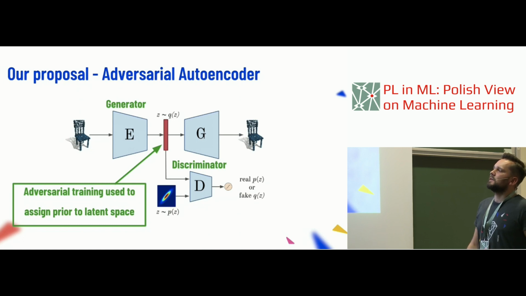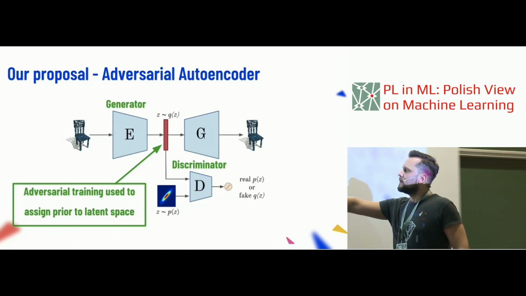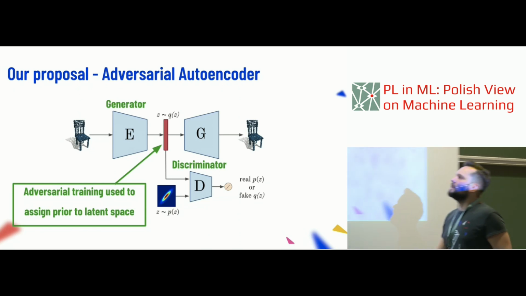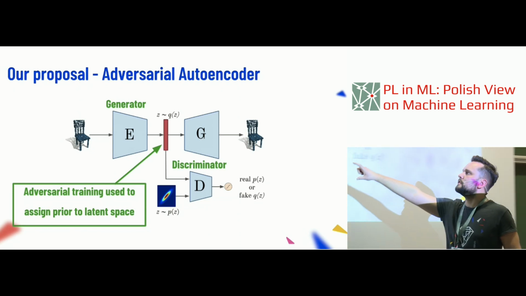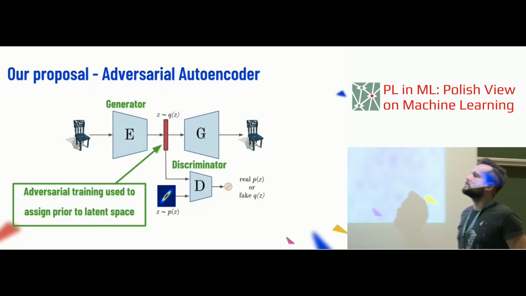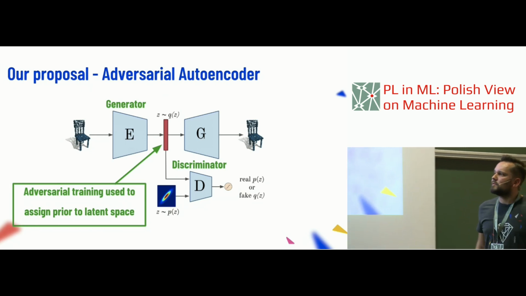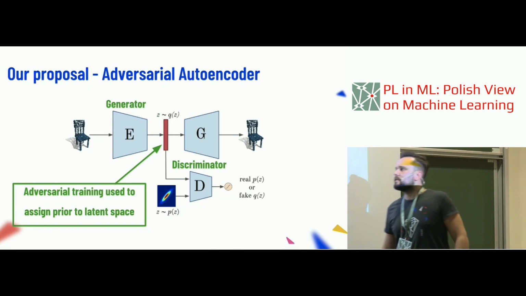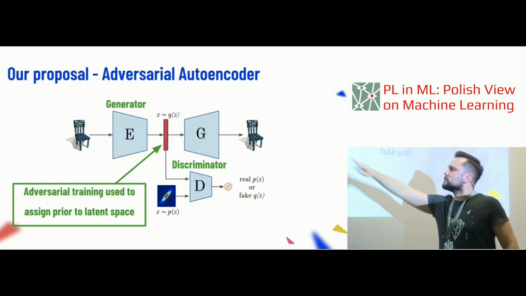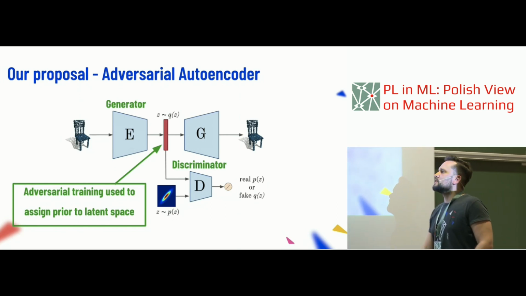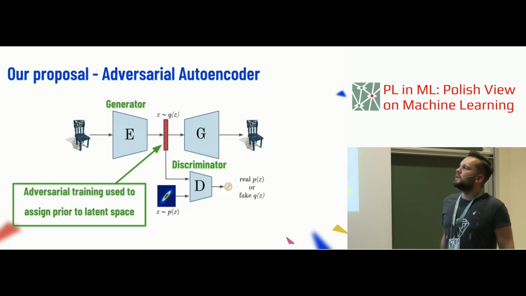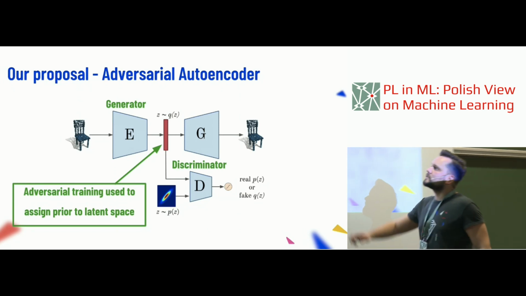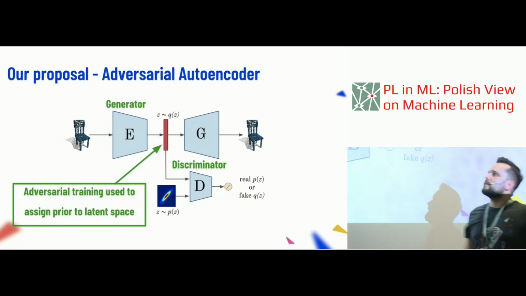So we assume some prior distribution PZ, and we force the distribution of the latent space to be the same in adversarial training. So we are generating the samples from the prior distribution and train the discriminator, the additional neural network that can be observed here, to distinguish between fake and true examples, where the fake examples are simply generated by our encoder.